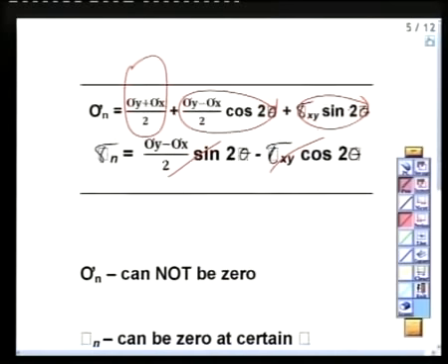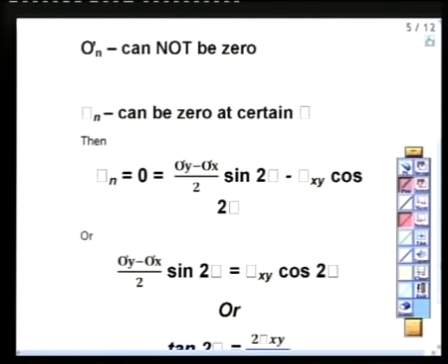Tau n may be equal to 0 at certain theta. I don't know what kind of theta, but let us use the same equation.